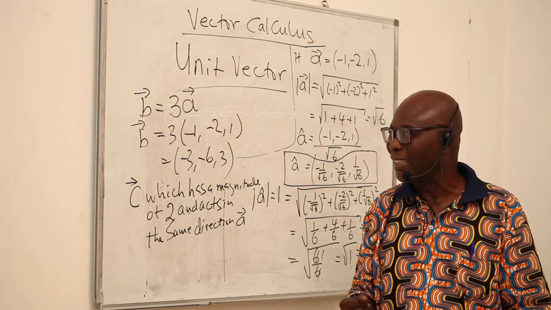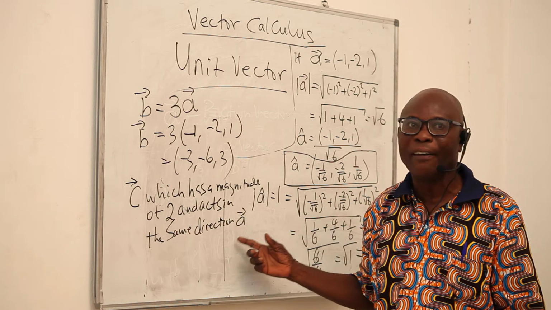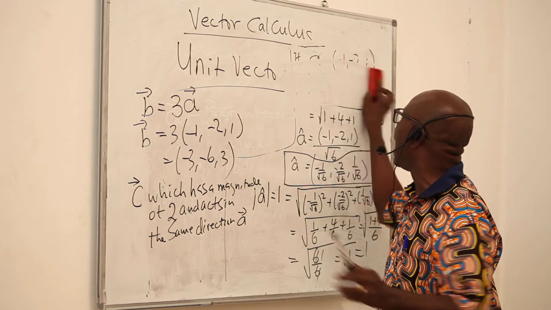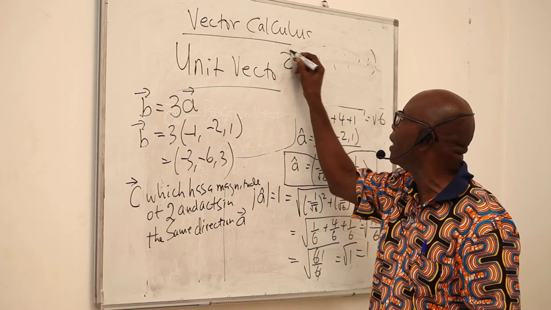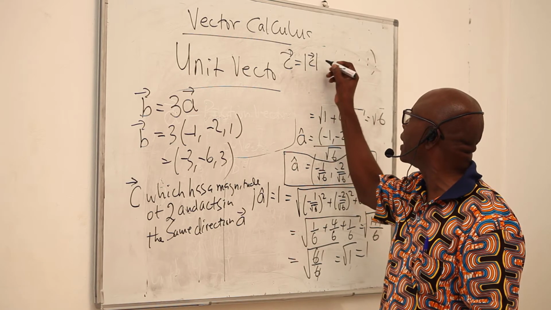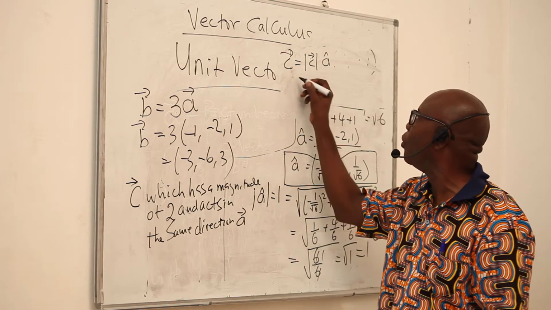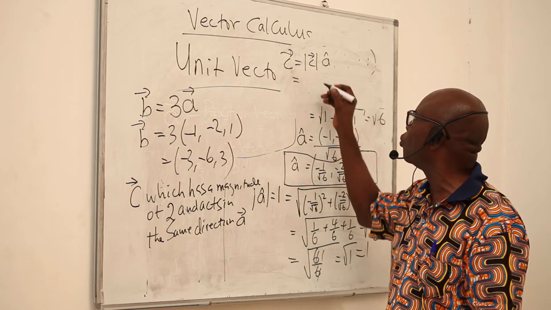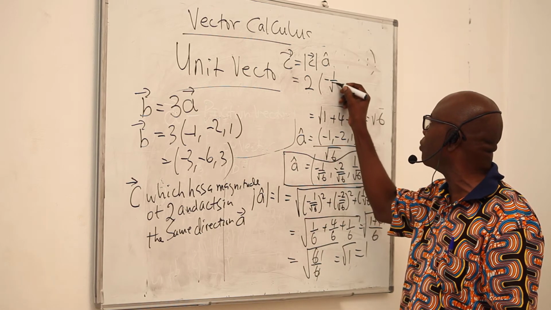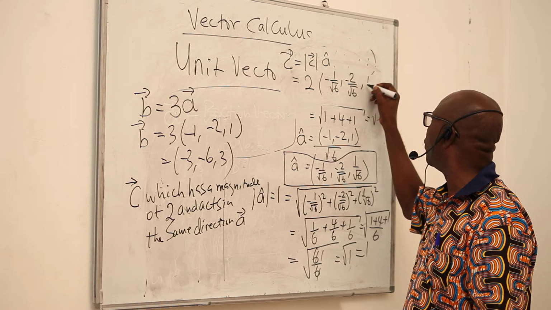So with that in mind, it is easier to calculate vector C, since we know the direction of A and we know the unit vector of A. So in this case, our vector C is going to be defined as the magnitude of C times the unit vector of A, that is working in the same direction of A. So the magnitude of vector C gave us 2, and then the unit vector of vector A is minus 1 over root of 6, minus 2 over root of 6, then 1 over root of 6.